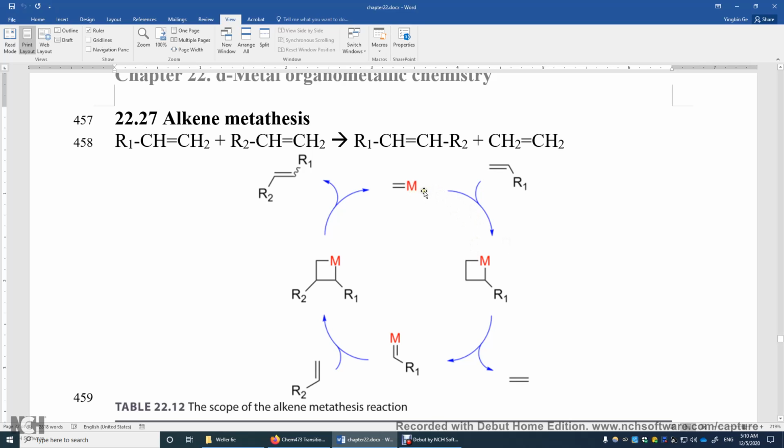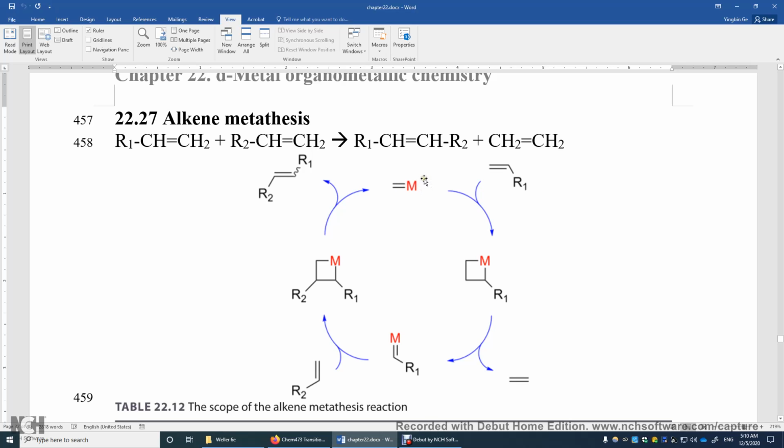However, in here, this M forms a pi bond with CH2, not using its p orbital, but using its d orbital. So if you imagine a d orbital here, if you have plus, minus here, and then on the opposite side, you have minus, plus. So again, on the left-hand side, if you have plus on top, minus on the bottom, and then on the right-hand side of the metal, you have minus on top and plus on the bottom.